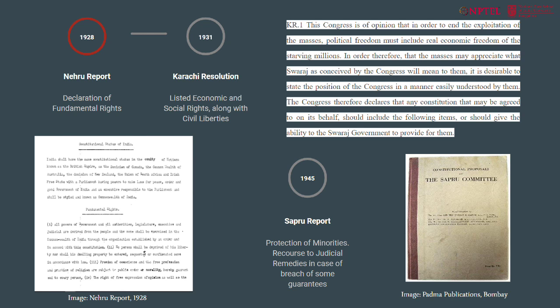The language of fundamental rights can be traced directly to the Nehru Report, and that language continues all the way into the Constitution of India 1950, and a close reading of the Nehru Report would suggest that it anticipates many of the rights and phrasings that find their way into the Constitution of India.